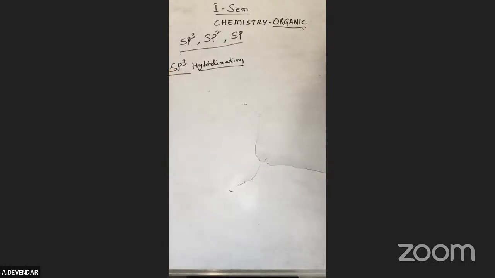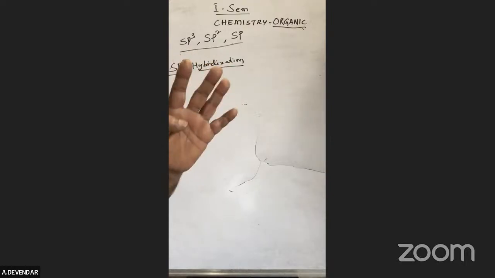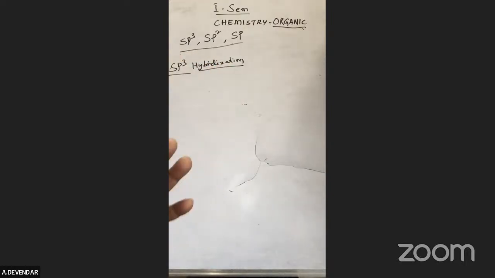What is sp3? One spherical shaped s orbital and 3 dumbbell shaped p orbitals mix with each other to form 4 sp3 hybrid orbitals. Why 4? 1 plus 3. We are mixing, and we get 4 sp3 hybrid orbitals.